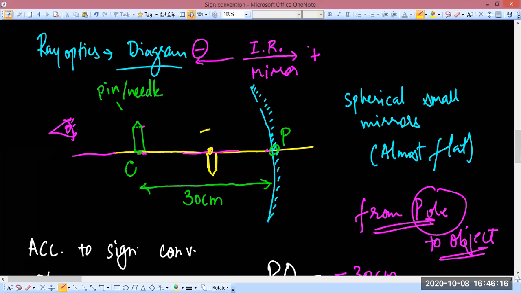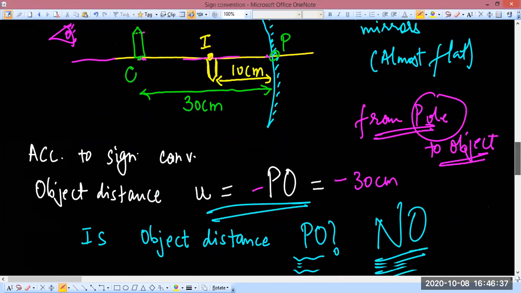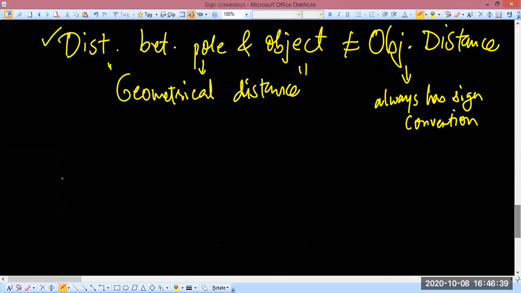So generally for image we write the symbol I. Clear? And let's say this image was formed such that this distance is maybe 10 centimeter. Okay, right? So what would be the image distance? Let's write that now.